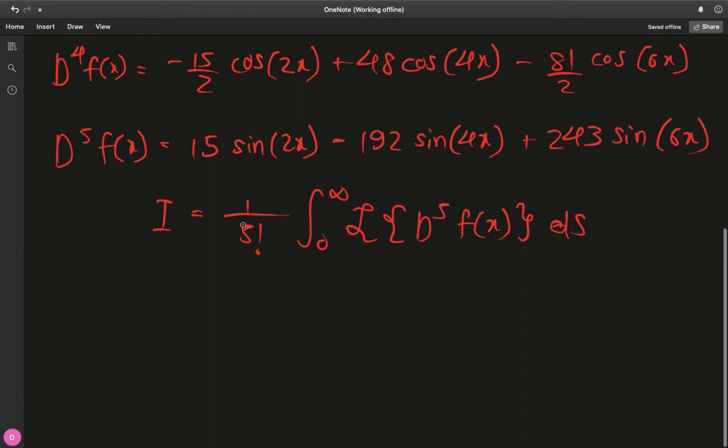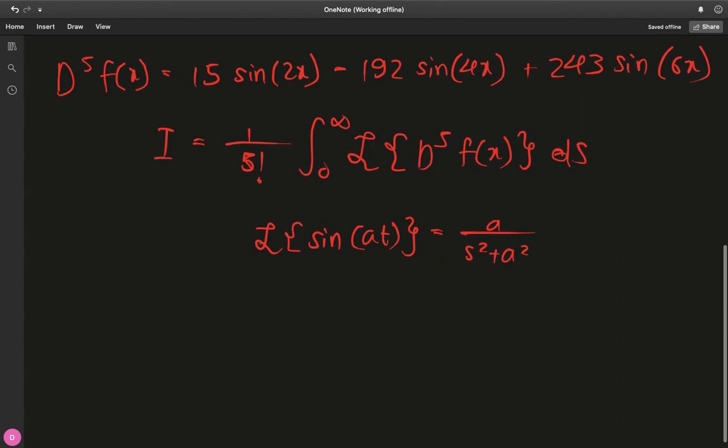And this is a 5, this is not an s. Fine. Taking the Laplace transform of this expression now that we obtained, well, the Laplace transform of the sine of a times t is equal to a over s squared plus a squared. So we can use that here.